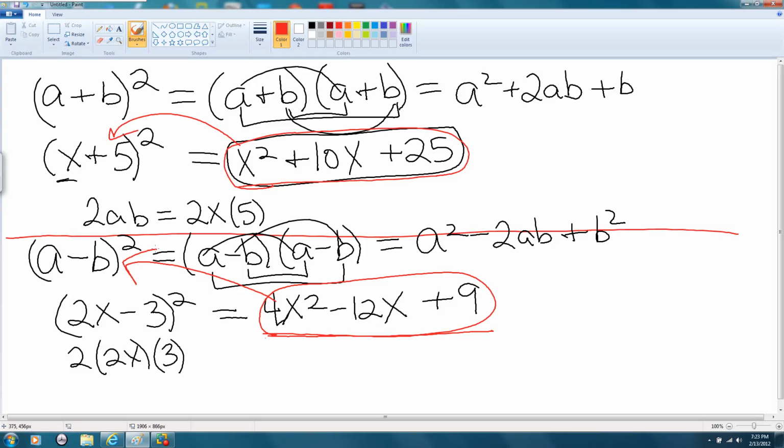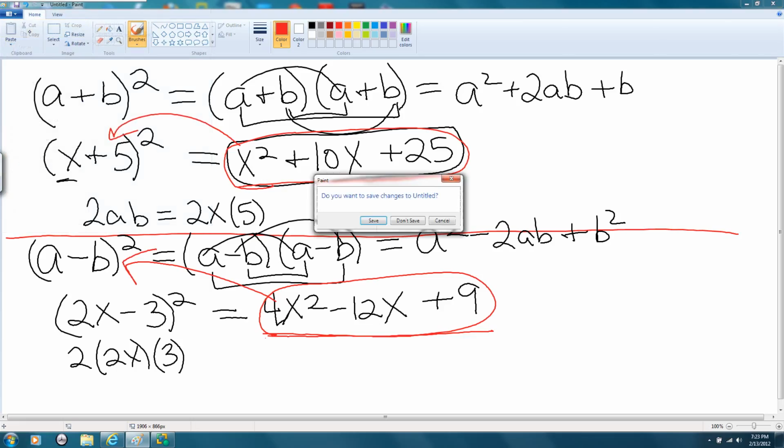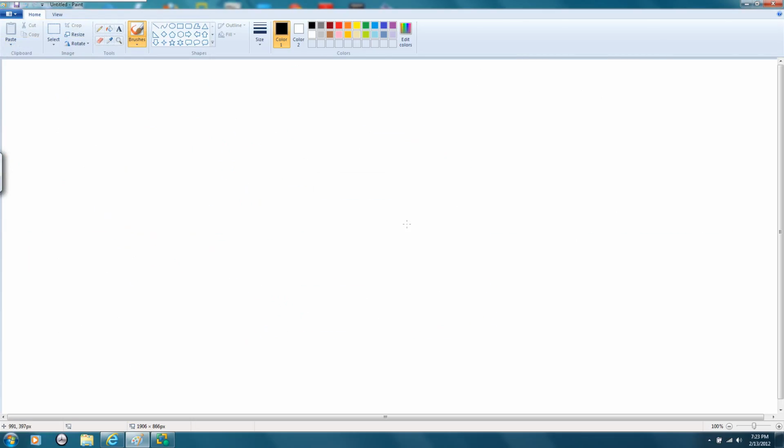Now, we have one other to do, and to do that one, I'm going to get a new page here. This next one is going to look like a plus b times a minus b.